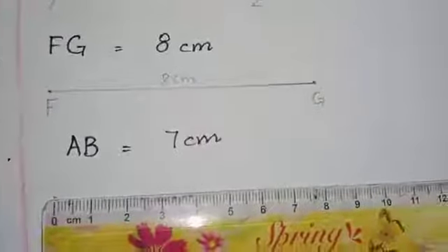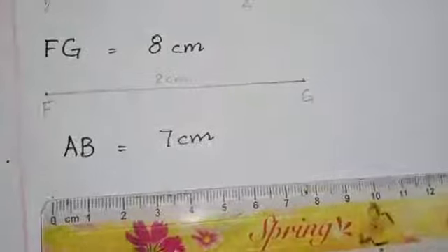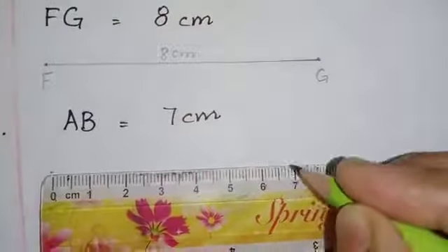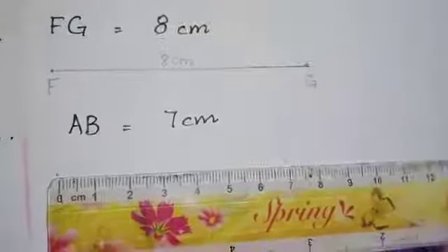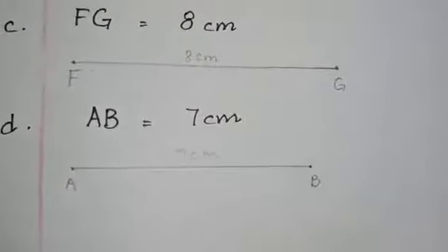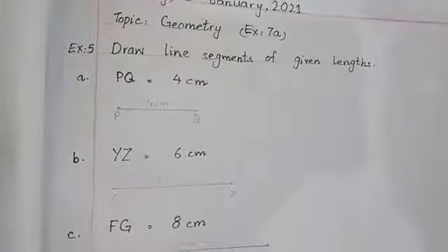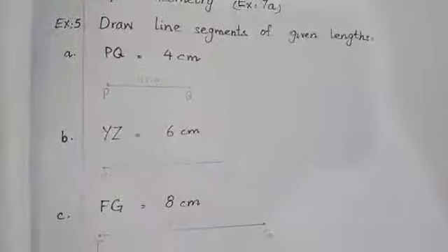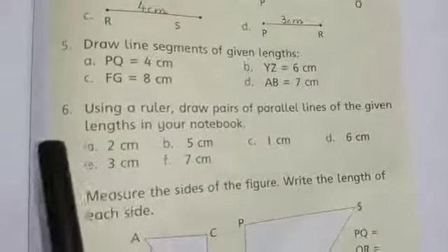Now mark the second point at 7 centimeter. Look at this, it's point P. Now we will join these 2 points with the help of scale. Now it is line segment AB which is 7 centimeter. I hope you will understand it, how to draw line segments of the given lengths with the help of a scale.